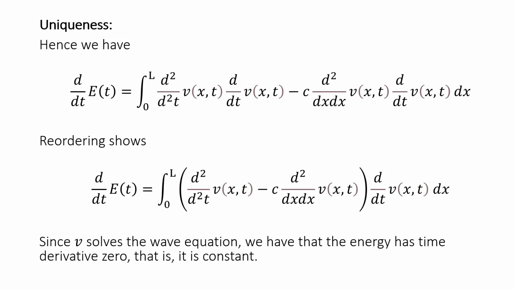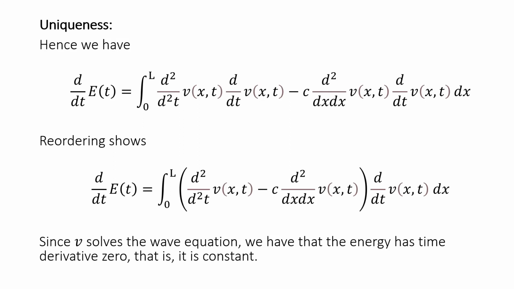The first time derivative of the energy E(t) equals the integral from 0 to L of the second time derivative of v times the first time derivative of v, minus c times the second space derivative of v times, again, the first time derivative of v dx. And now we can just reorder this.